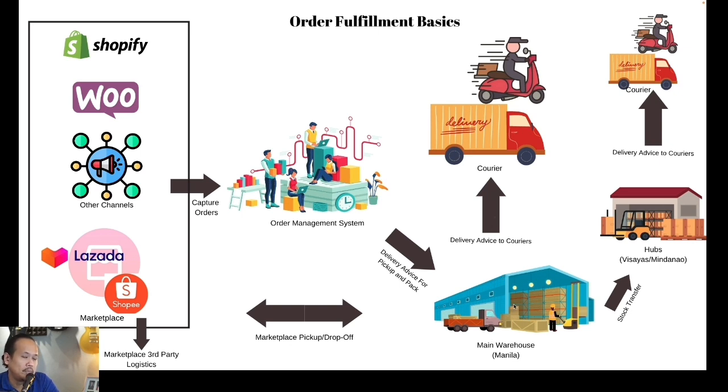It is ideal, especially if you have volume of orders, to maintain a warehousing management system so you can automate your inventory management to tell you that you have to replenish your stocks because it is below your critical level. And these third-party logistics or third-party couriers have their own systems where you can integrate with them or use their portals to upload delivery advice to them.